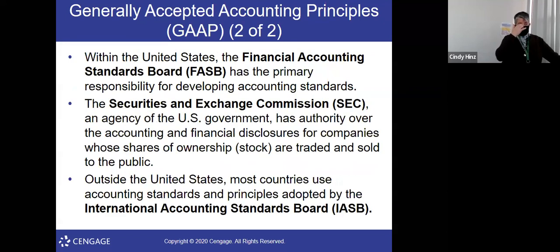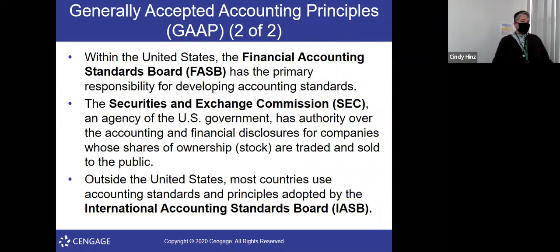Oh, and there it is at the top of the next screen, the FASB. And I mentioned the IASB already. In the United States, the Securities and Exchange Commission, or SEC, has oversight or authority. Their job really is to protect the investing public. It is a government agency.